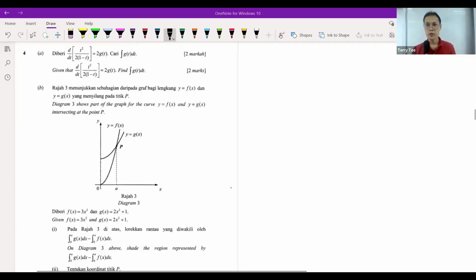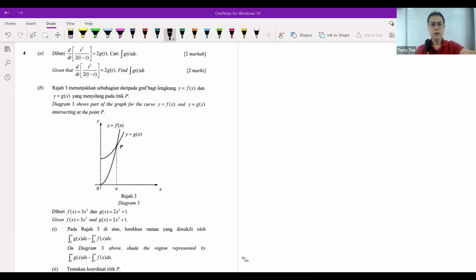Okay, moving on to question number 4. This is from the chapter integration, right? So the first part is relatively easy. You're supposed to find the integration of this, given that the derivative of t squared over 2 times (1 minus t) is 2 gt. So basically, we just use the result of differentiation to find the integral.